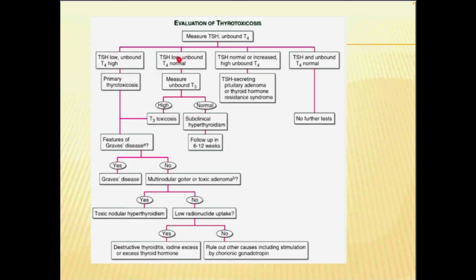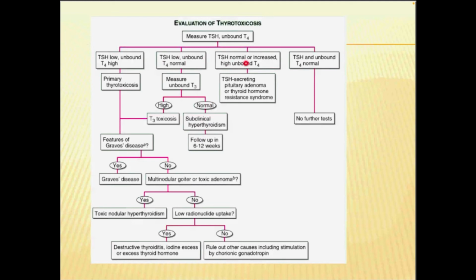If TSH is low and T4 is normal, then you should go for free T3. If free T3 is high, it is called T3 thyrotoxicosis. If T3 and T4 are normal but TSH alone is low, it is considered subclinical hyperthyroidism. Just follow up the patient, which is more than enough in this case.